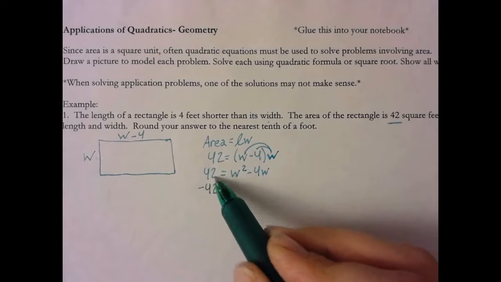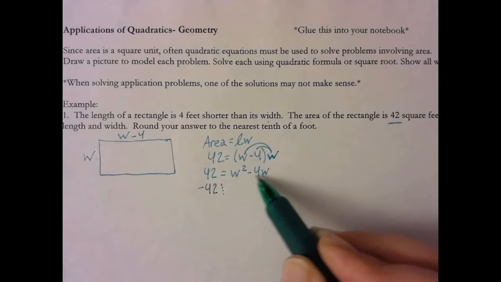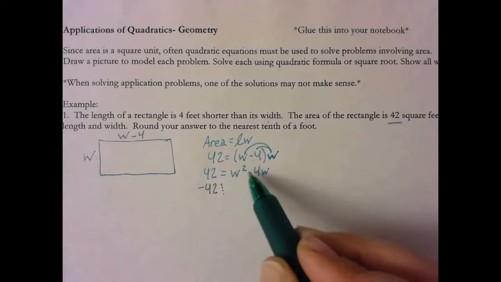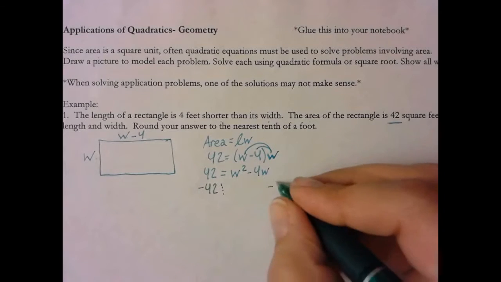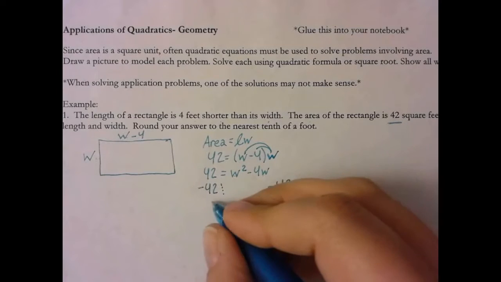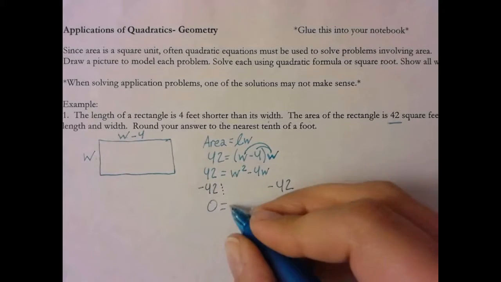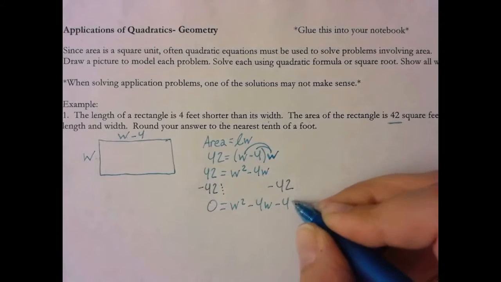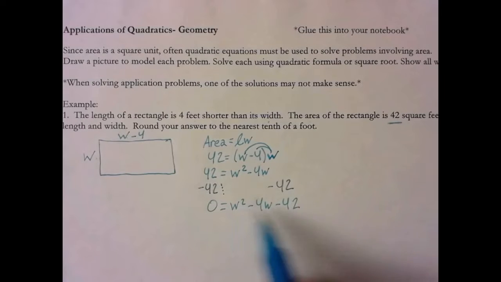Well, 42 doesn't have a W, so we can't subtract it from negative 4W. They're not like terms. It doesn't have a W squared, so we can't subtract it from W squared. It's just going to be all by itself, because remember, only combine like terms. 42 minus 42, that's 0. Everything comes down: W squared minus 4W, and then we subtracted 42. That's standard form.